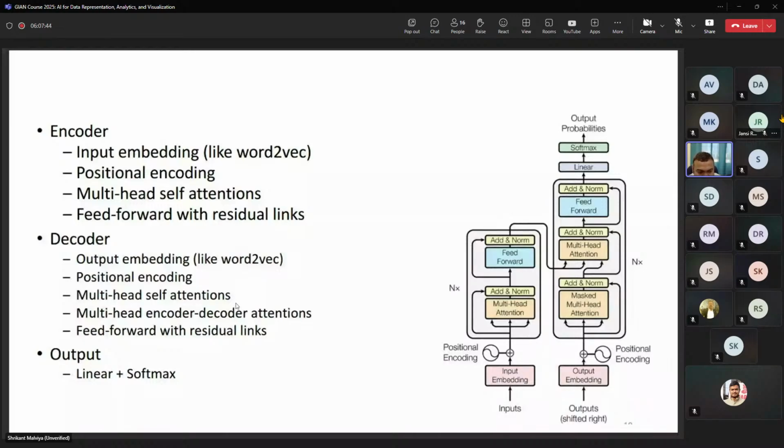Multi-head attention with self attention, which is also masked multi-head attention, and then a multi-head encoder decoder attention, because it uses the encoder information with the decoder vector obtained from the masked multi-head attention, and then processes it with multi-head attention in the same fashion, and applies feed forward with residual links.